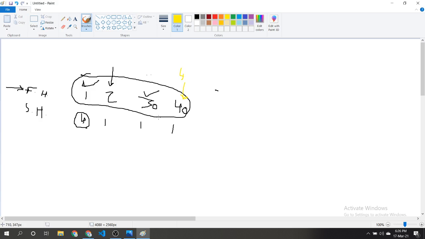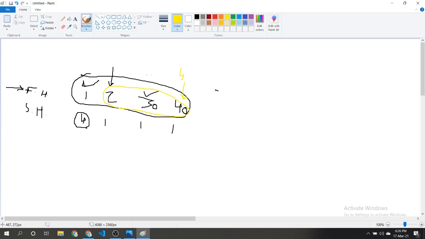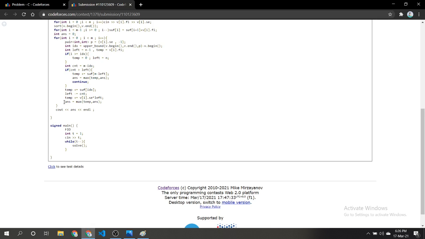Then first I will buy these three elements by suffix idx, because these three elements have first happiness greater than this index's second happiness, and after that I will be left with left minus count, because I bought these three.